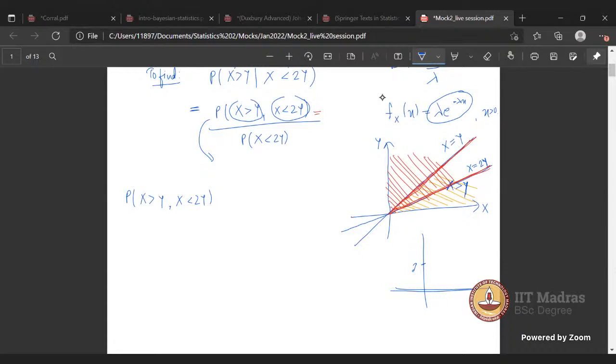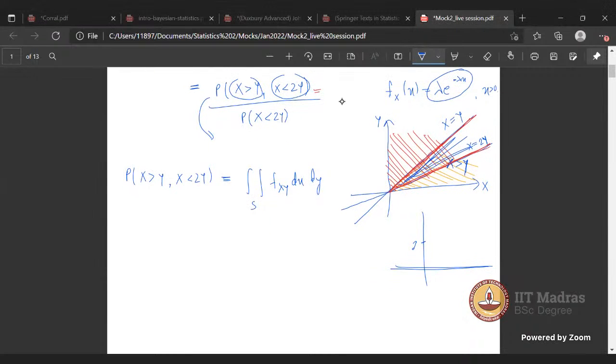First, we are calculating the numerator part. So how do you find it? You just have to integrate f of x, y, dx dy over the support. Correct? Now this is your region. So I will take a vertical strip.